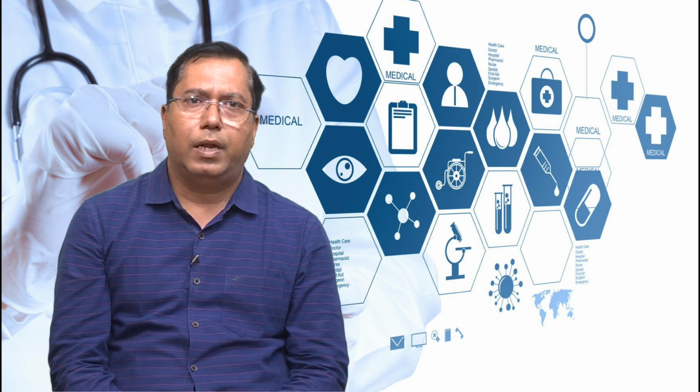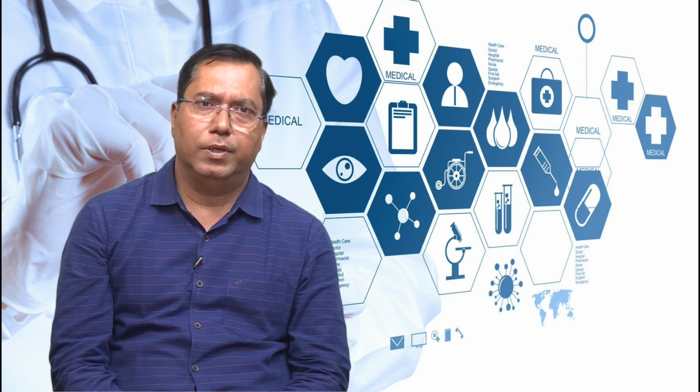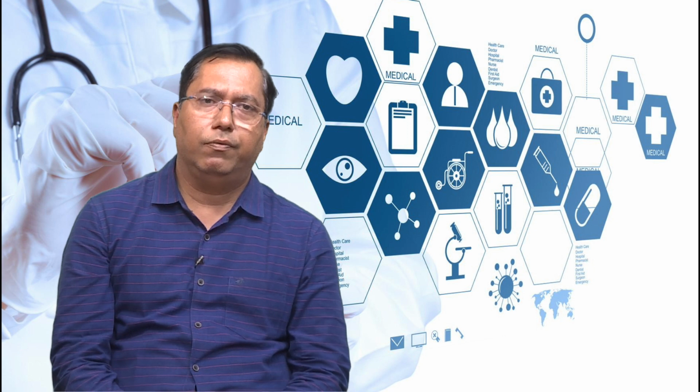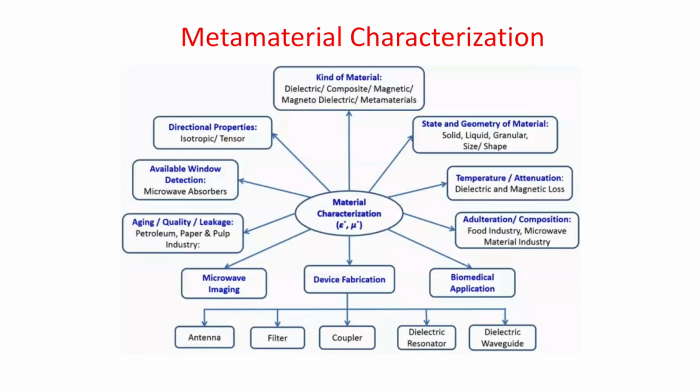On the left-hand side we can see a normal material, which is made from different types of atoms. This image shows the concept of the metamaterial. Here there are three different scenarios. In the first, the dimension of the elements is much greater than the wavelength.